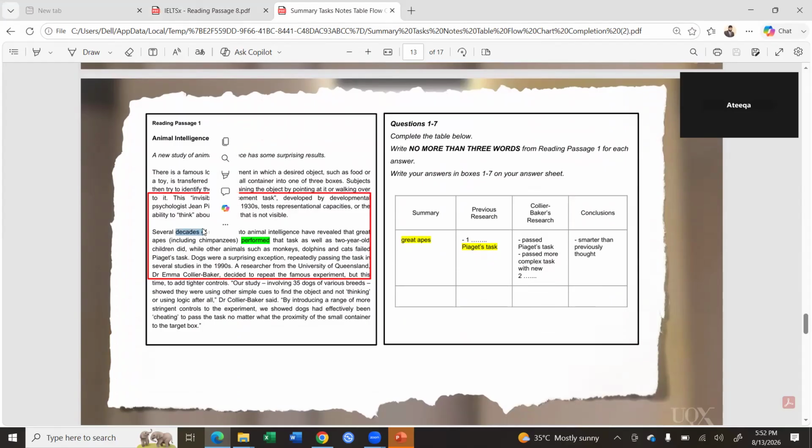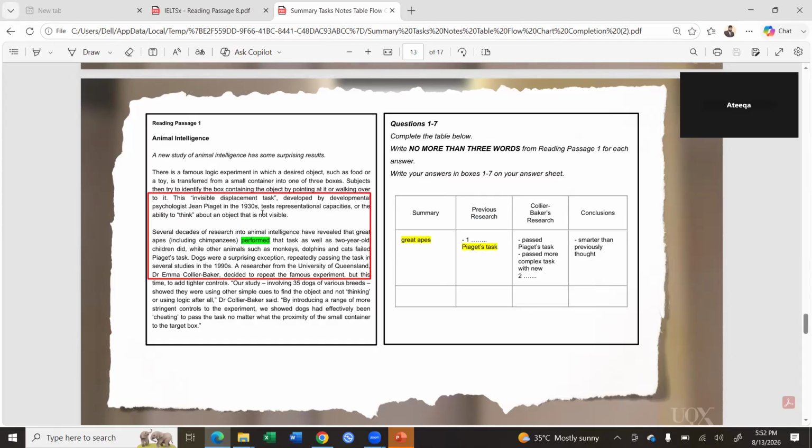Several decades of research into animal intelligence, you can see it here, previous research. So several decades of research. It shows that it is the previous research, right? Into animal intelligence have revealed that great apes, including chimpanzees, performed their task, right?